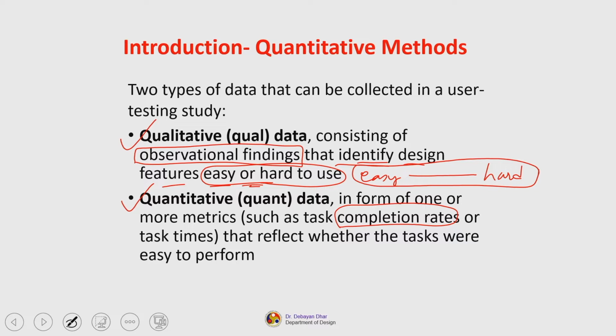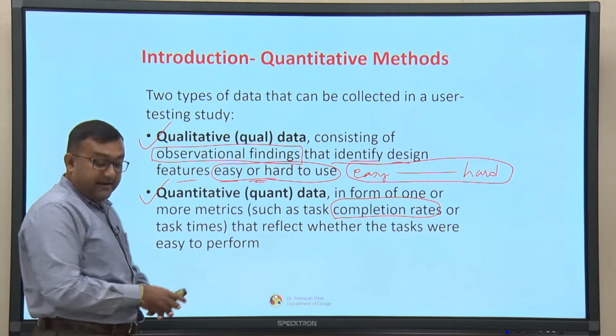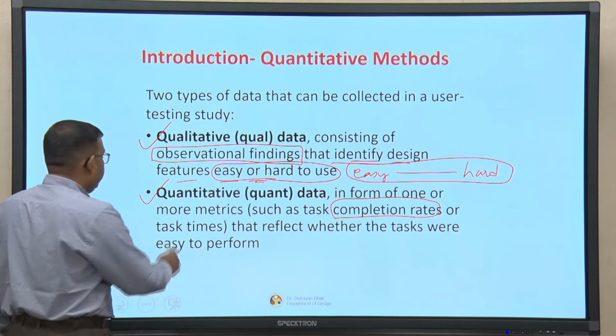Probably in the software, if somebody is able to register and then go on to select a product and buy it and complete the entire transaction process, that can be classified as a task completion. And how many people can complete the task can be a measure of the task completion rates, or even task times.